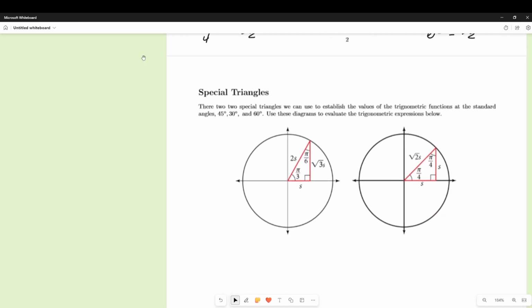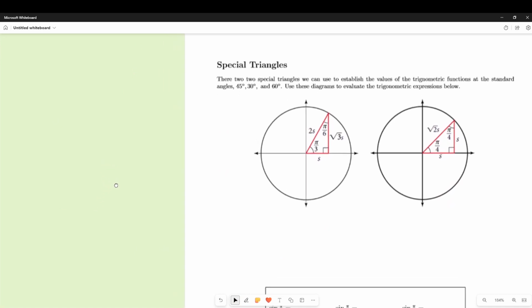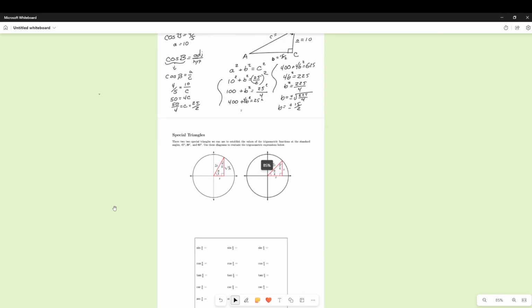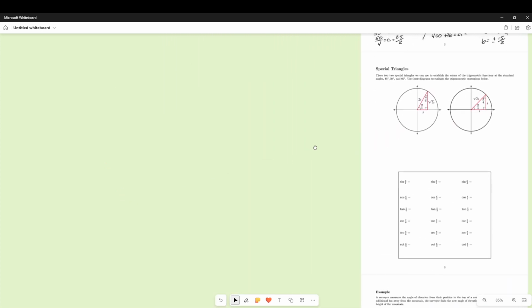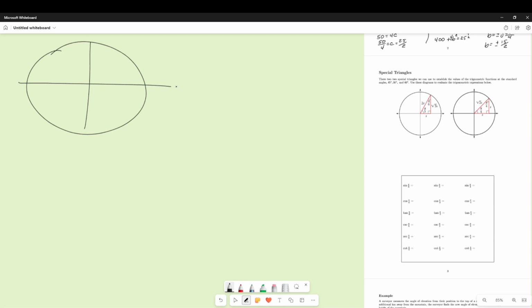Oh, special triangles. There are a couple of triangles that are special. And you might remember when we looked at our circle in terms of angles, we looked at pi over 6 and pi over 4 and pi over 3, pi over 2.